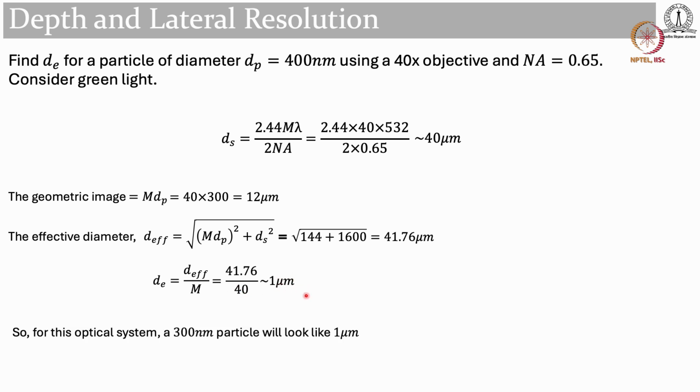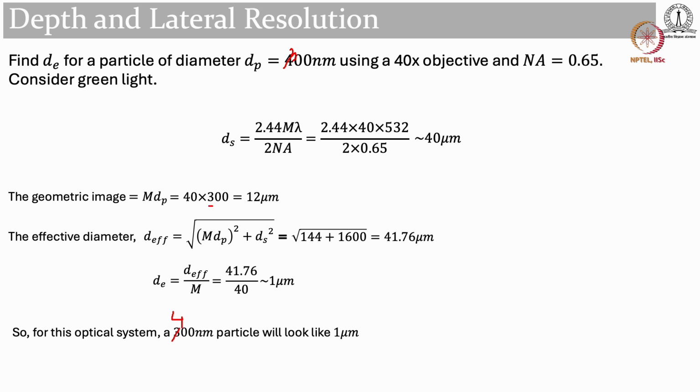So what we mean is that for this kind of optical system where you are considering the particle size to be 400 nanometers, oh no, sorry, let's consider it 300 because I have calculated for 300.